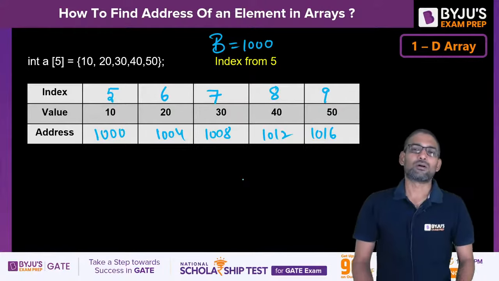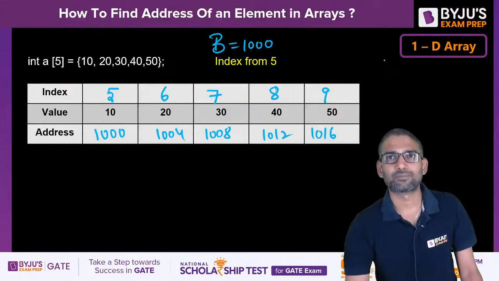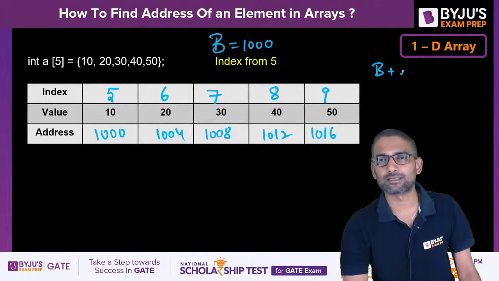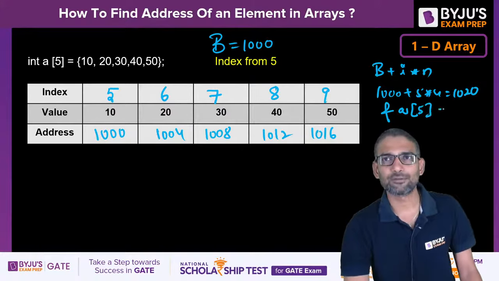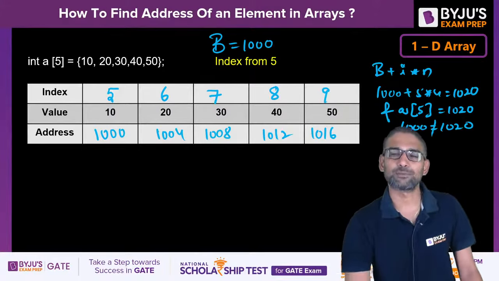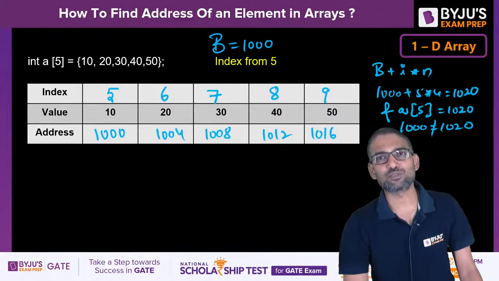Now if you take base address plus I into n, 1000 plus 5 into 4, 1020 is what you are getting as address of A of 5. You are getting 1020, but the actual address is 1000. So both are not matching. Okay. So do I take I minus 1?